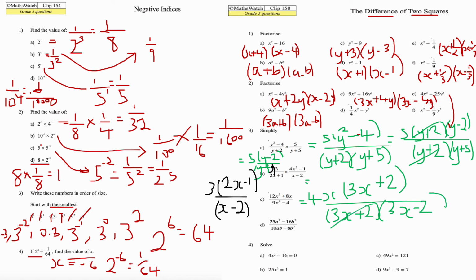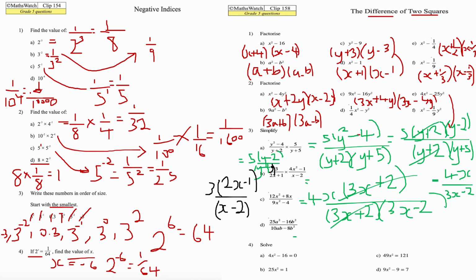So that's going to cancel with that. So my final answer is 4x all divided by 3x subtract 2. That's my final answer for that question.